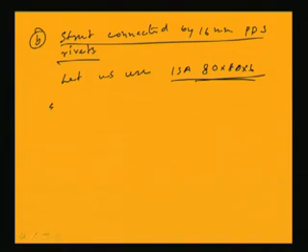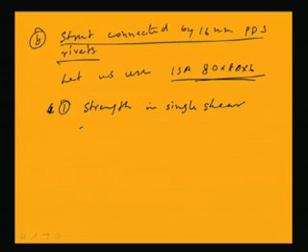So, here, first, strength in single shear. Let us calculate the strength in single shear, that will be tau Vf into pi by 4 into d square, that is 100 into pi by 4 into d square.